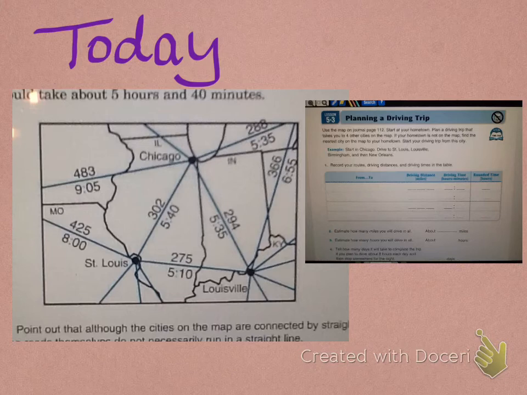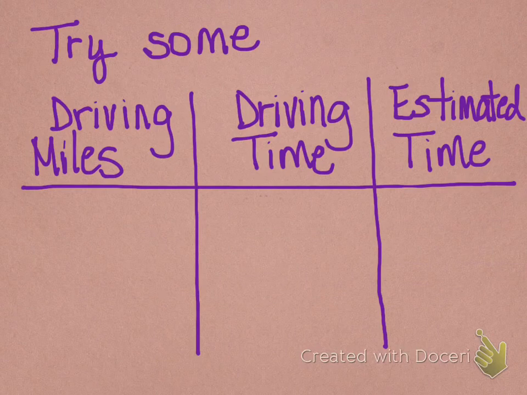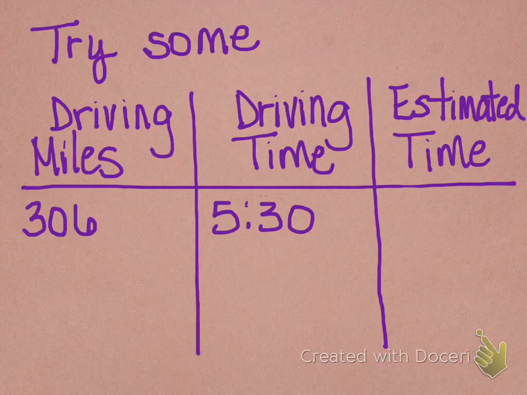So I'm going to do some examples on the next page. I'm going to give you some driving miles and driving time, and then we're going to talk about how we would estimate the amount of time. In my first example, I have 306 miles, and let's say that it's going to take me 5 hours and 30 minutes.